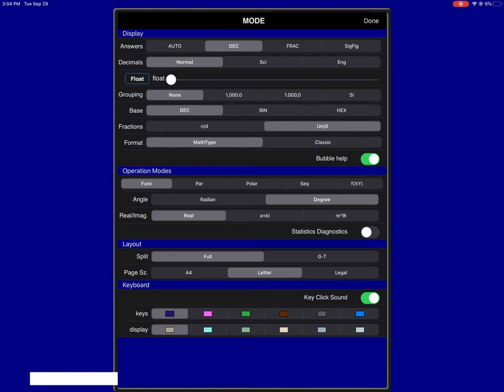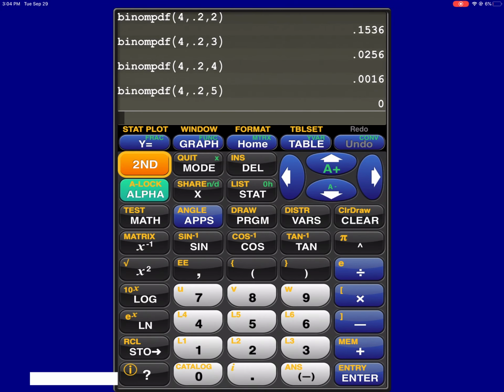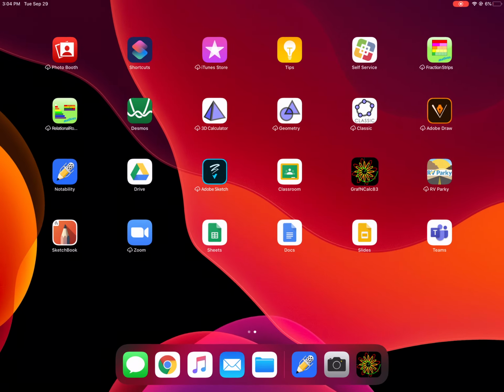I wonder if I'm rounding these or something. Doesn't look like it. Let me put them in auto mode for a second. No, it still gives me 0. Okay, so the probability of getting all 5 of them correct is pretty much 0.